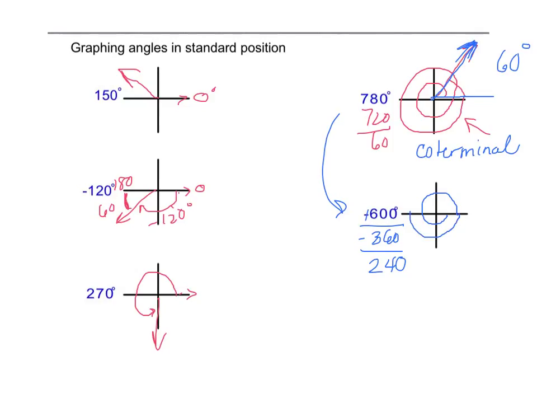Here's 180. 180 leaves 60. So I'm going to do about 60 degrees here. All right, so if this piece right here is 60 degrees, then what is this right here, the red angle? Well, it's positive because it goes in a counterclockwise direction. If it's 60 to here and it's 180, this is going to be 120. So negative 600 degrees and 120 degrees are coterminal.